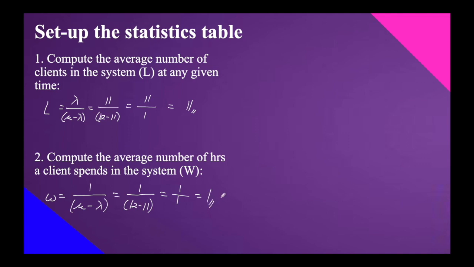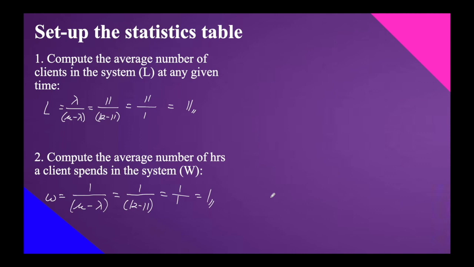Meaning, a client spends an average of 1 hour inside the bank. So using queuing theory, you can expect to spend about 1 hour if you go to that bank. You already know how long you will stay. Based on the computations, if I go to this bank, I can spend 1 hour there.